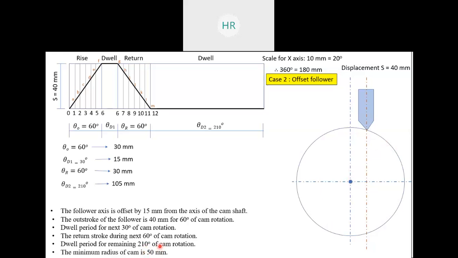That is the radius of the base circle, and we have placed a follower at a distance of 15 mm from this axis. You can see here. I am naming the tracing point of the follower as O and the center of rotation of the cam as O1.